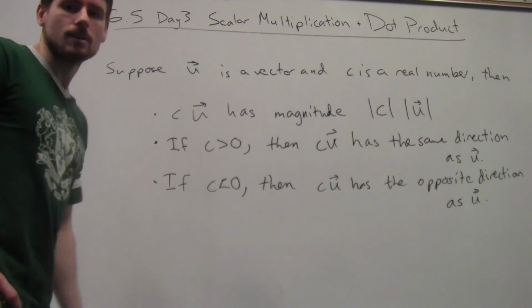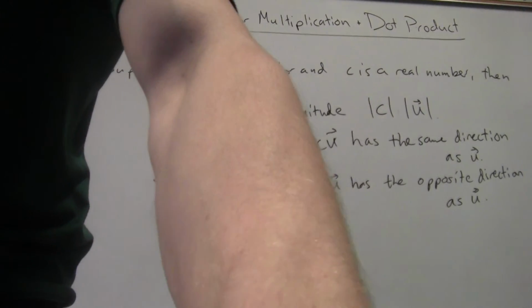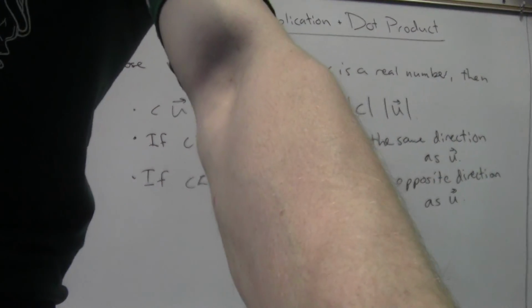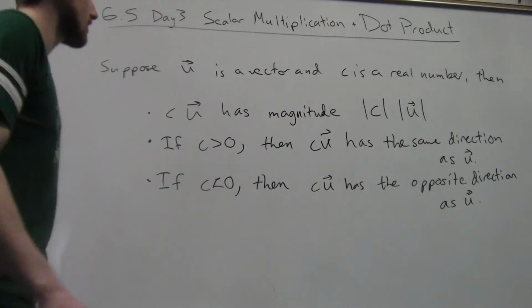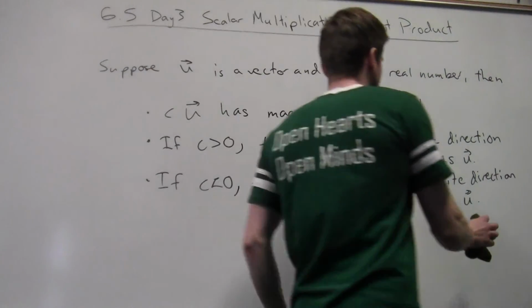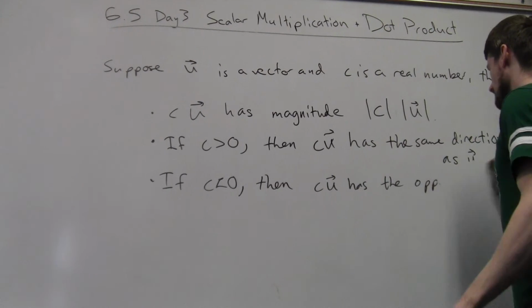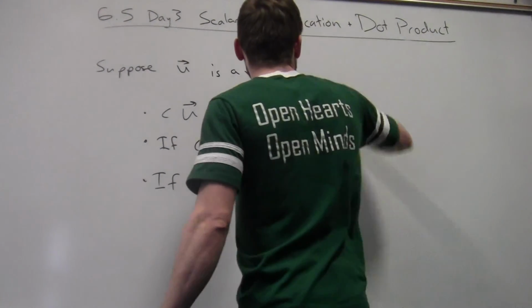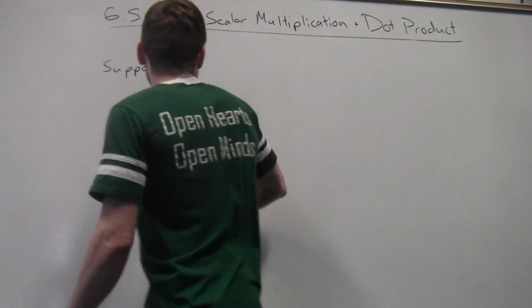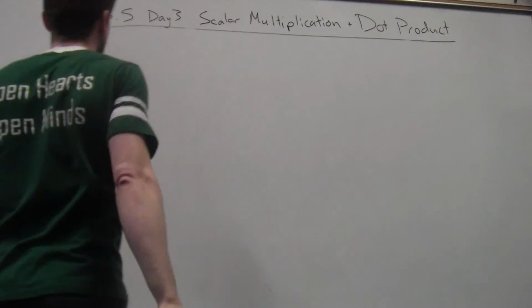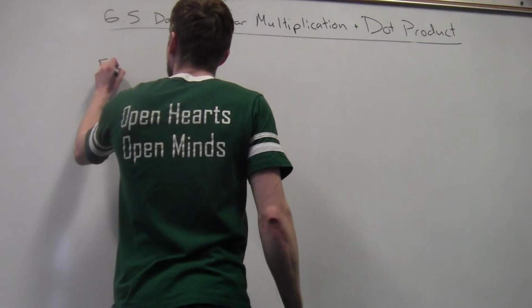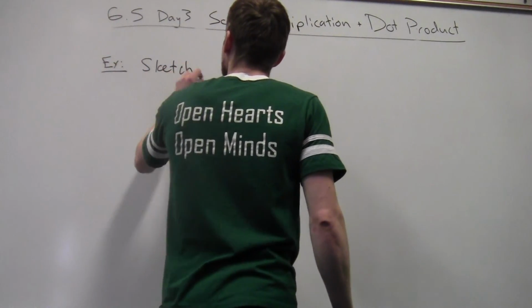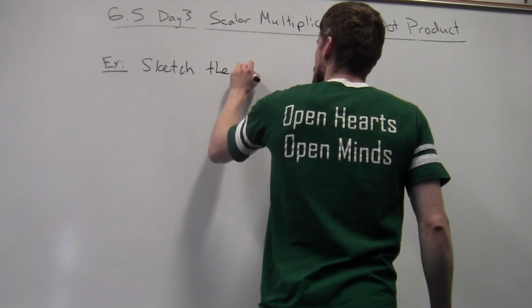Okay. So let's sketch a picture of this in action. What does scalar multiplication look like? Well, it behaves exactly how you'd think. Example, sketch the vectors.